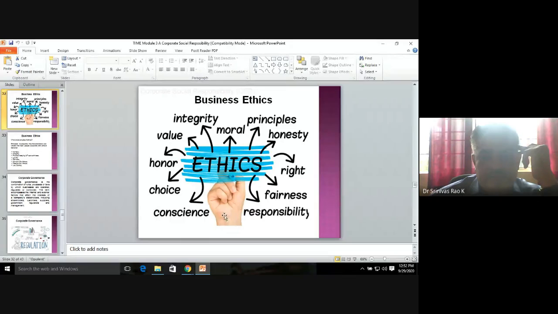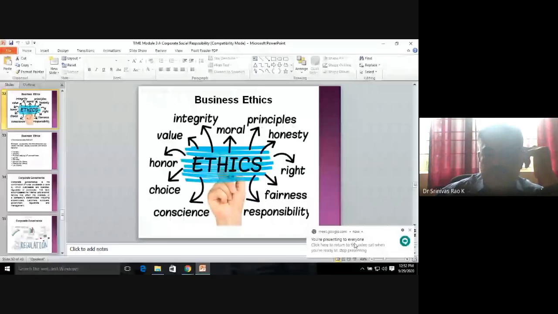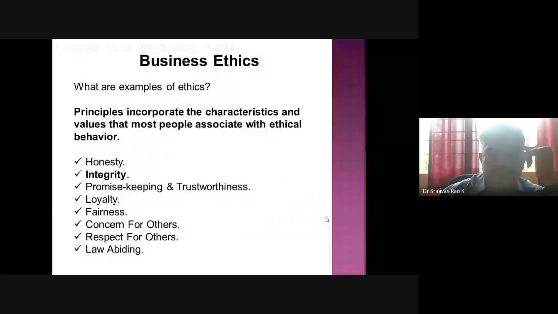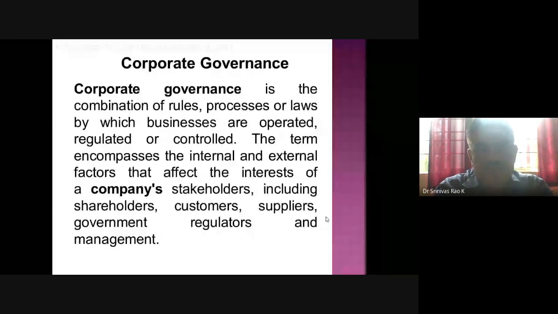Okay, so with that, we'll start with the new concept called corporate governance. Corporate governance is the combination of rules, processes, or laws by which businesses are operated, regulated, or controlled. The term encompasses the internal and external factors that affect the interests of the company's stakeholders, including shareholders, customers, suppliers, government regulators, and management. So this is a complex combination of rules, processes, laws by which businesses are operated.